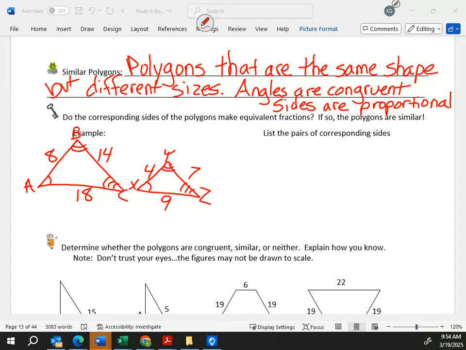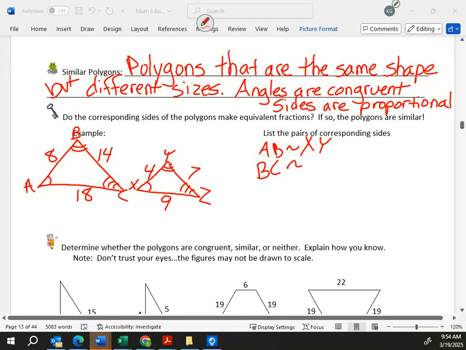So I know that AB is similar, proportionate to XY. BC is proportionate to YZ, and CA is proportionate to ZX.